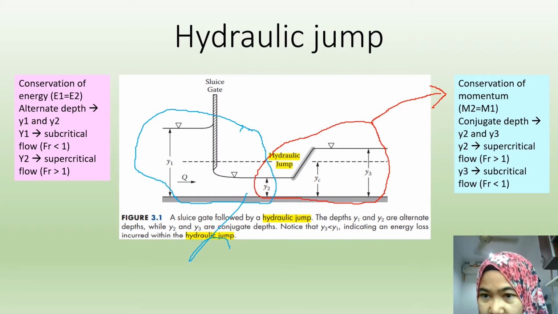For the conservation of momentum, we call y2 and y3 conjugate depths. So y2 has supercritical flow, which is the Froude number more than 1, and y3 is subcritical flow, which has Froude number less than 1.